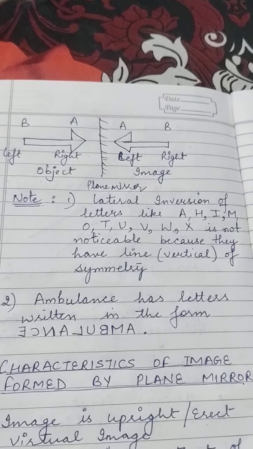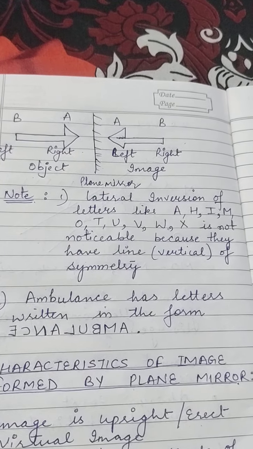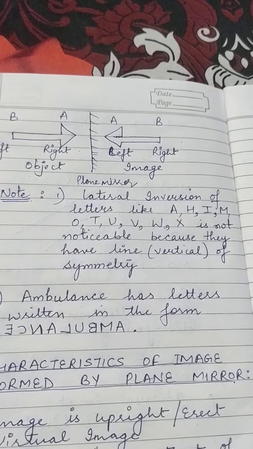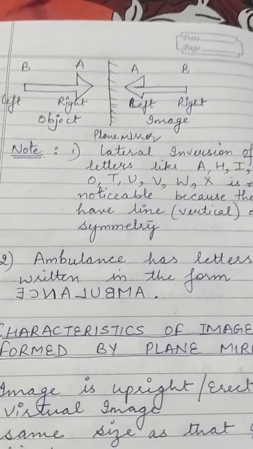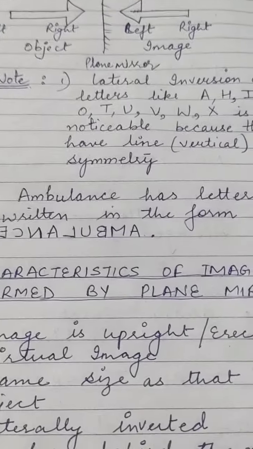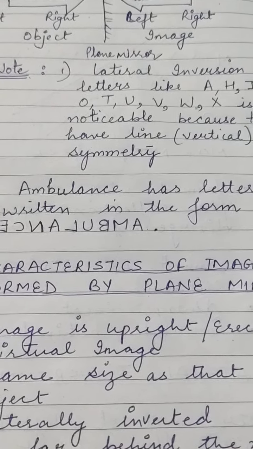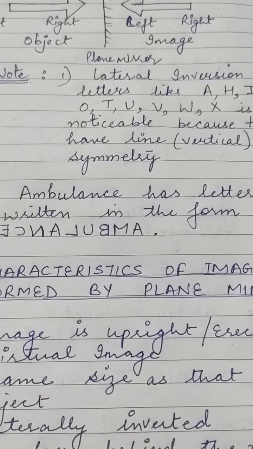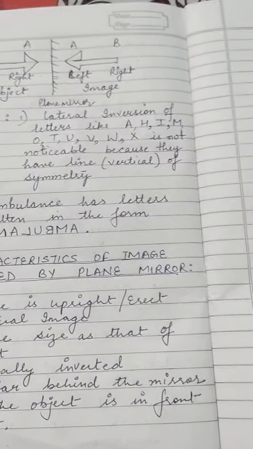Next, this lateral inversion is similar to the inversion that occurs on a blotting paper used to dry ink while writing. Whenever you are drying the ink, you use a blotting paper, and you get a similar kind of lateral inversion as is produced in a plane mirror.